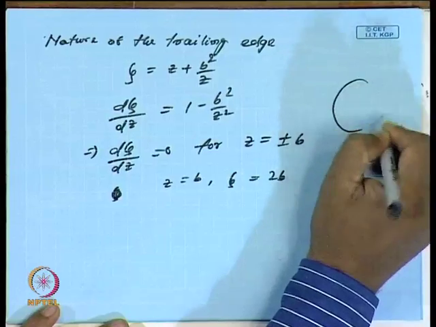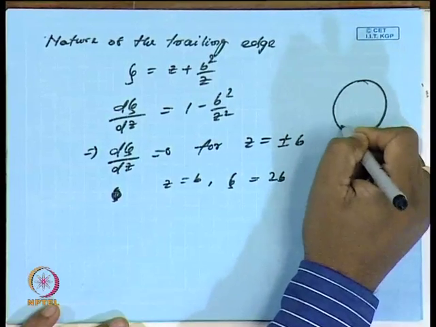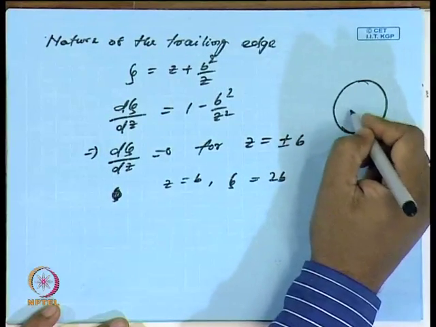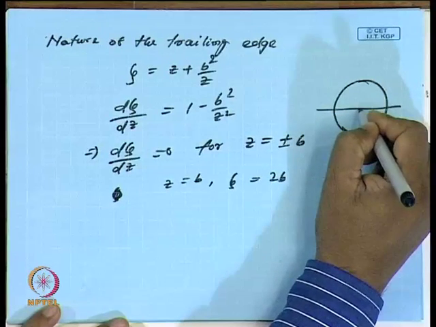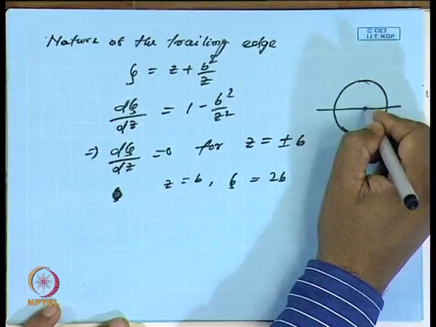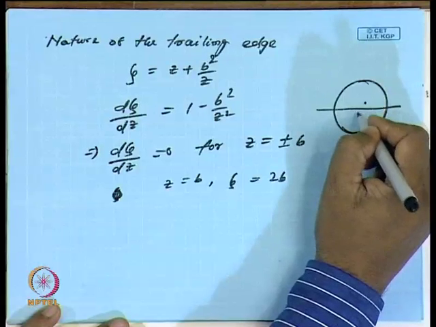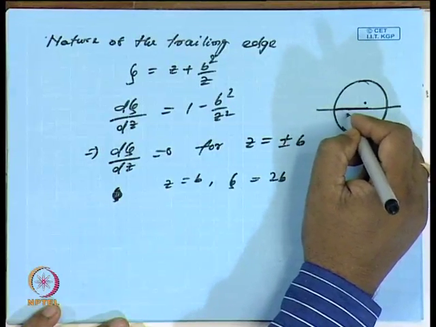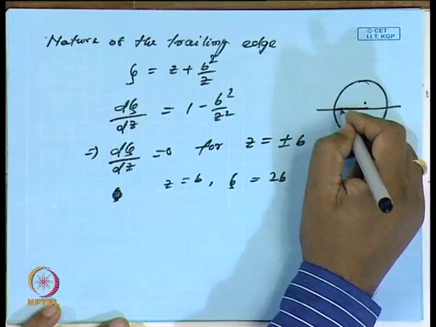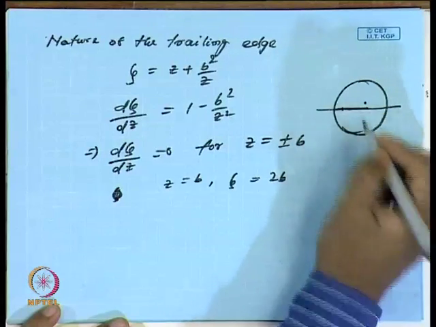If I look at my circle, the center is somewhere here, and this total distance is 2b, b plus b. So the point b will always be somewhere inside.